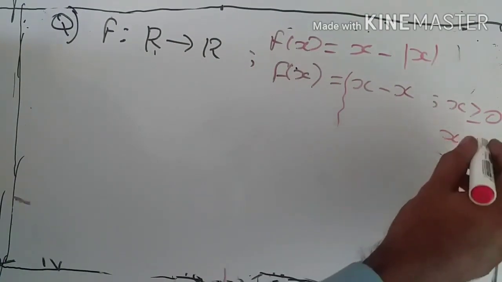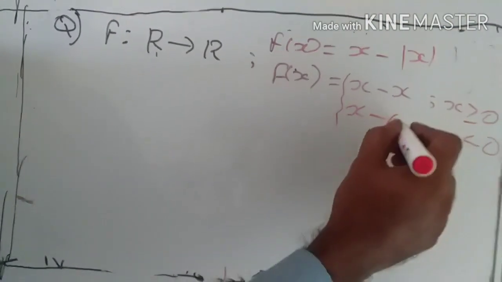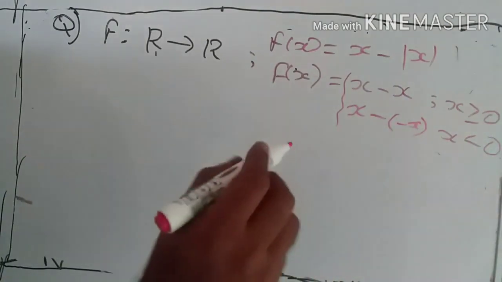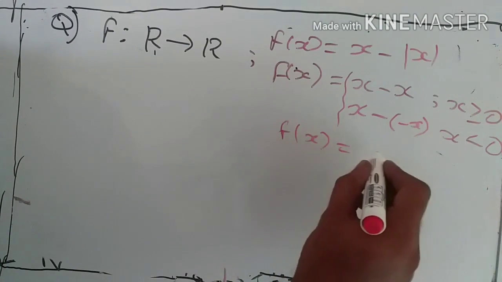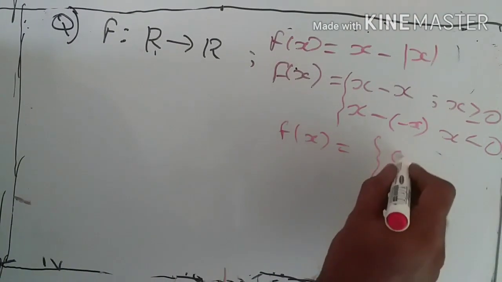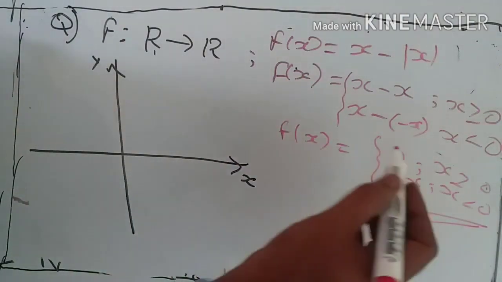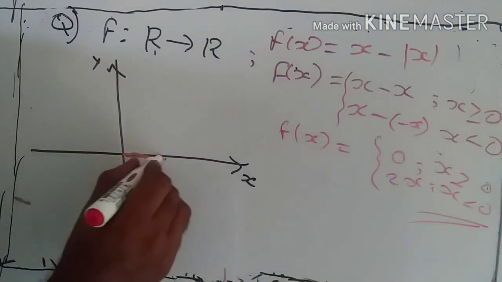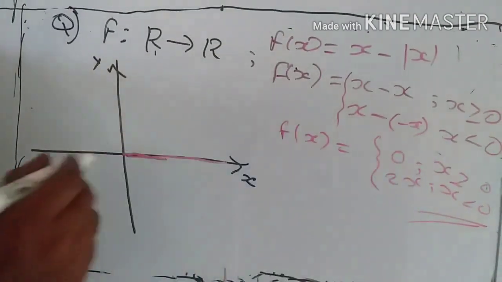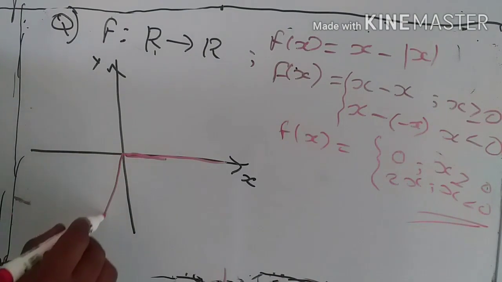For x less than 0, x minus mod x becomes x minus (minus x), which is 2x. So f of x is 0 for x greater than or equal to 0, and for x less than 0 the function is 2x. This is the graph.